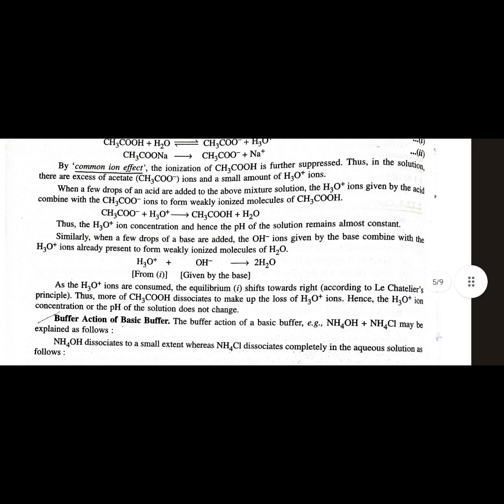When a few drops of an acid are added to the above mixture solution, the H3O positive ion given by the acid combines with the CH3COO negative ion to form weakly ionized molecule of CH3COOH. CH3COO negative plus H3O positive give CH3COOH plus H2O. Thus the H3O positive ion concentration, hence the pH of solution remains almost constant.